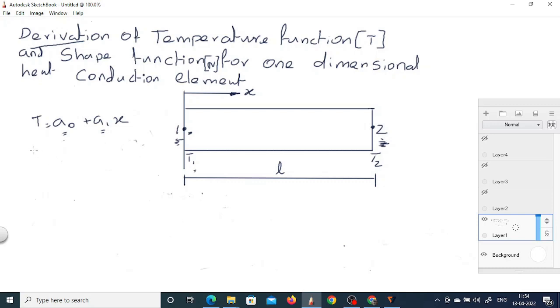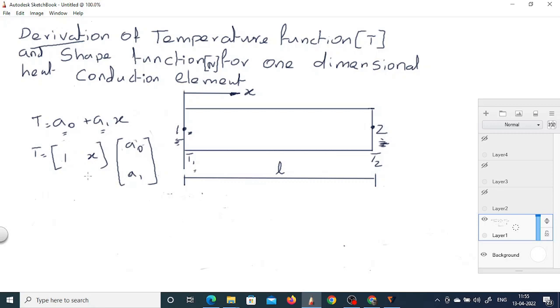I can write T as the coefficients of A0 and A1: A0 has coefficient 1 and A1 has x. After that, I assign the variables A0 and A1. Likewise, I can write the matrix form of the considered linear equation.